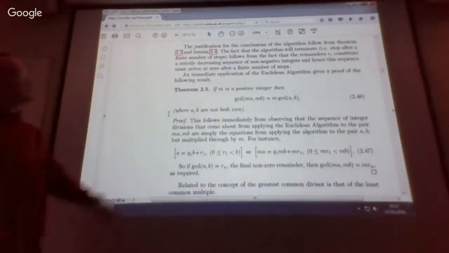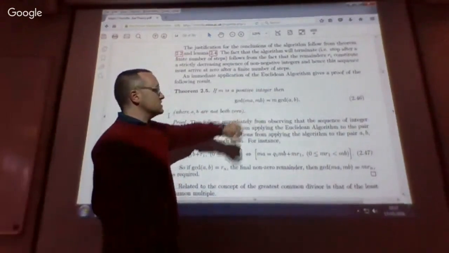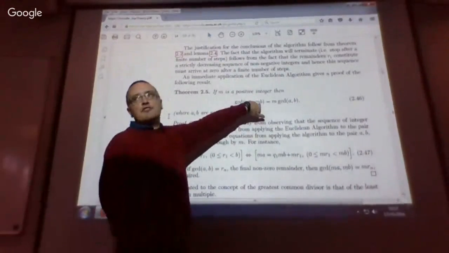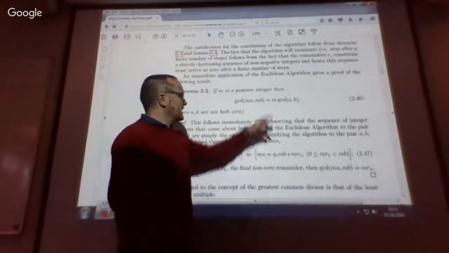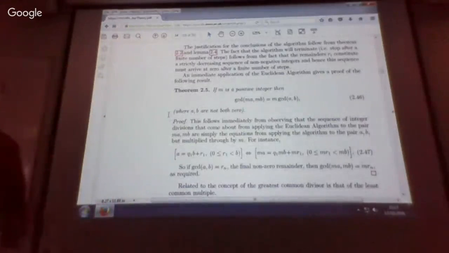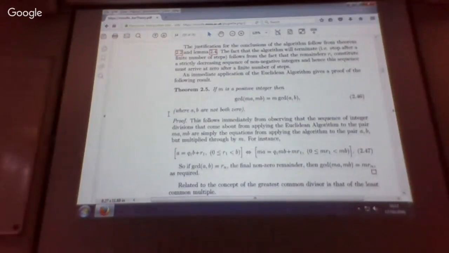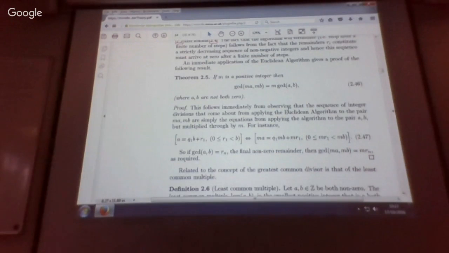Okay. So the two numbers that you're putting into GCD, if you know they share a common factor already, here of M, then that M can be factorized outside the GCD. So the GCD of MA and MB will be M times the GCD of A and B. Don't be tempted to take it out twice and say it's M squared. It just comes out once.